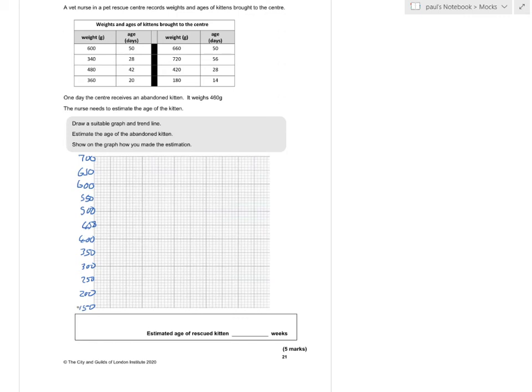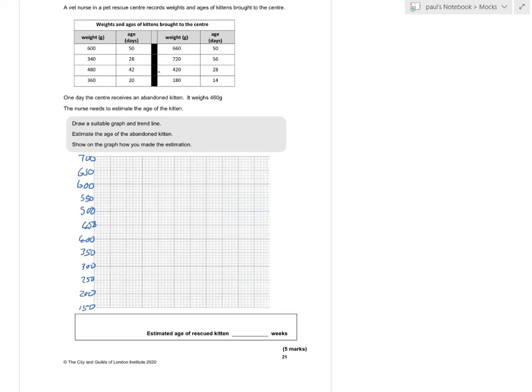I might ignore that one because the weight of the kitten is down there. Okay, age goes from 14 to 50 or something, but I get penalised if I've gone off the map.